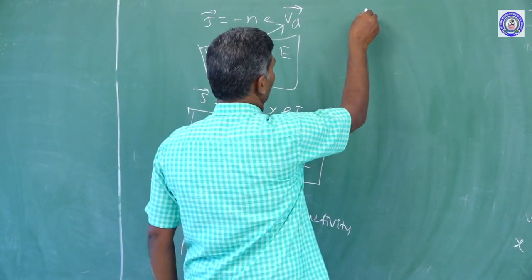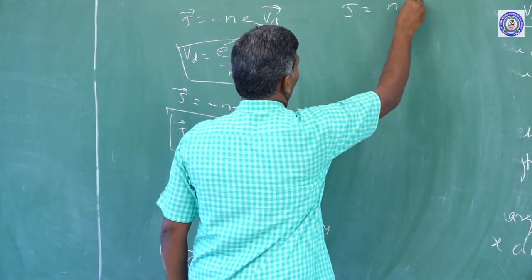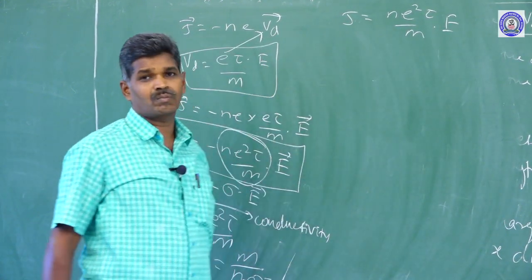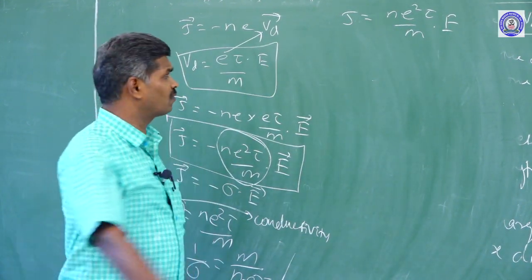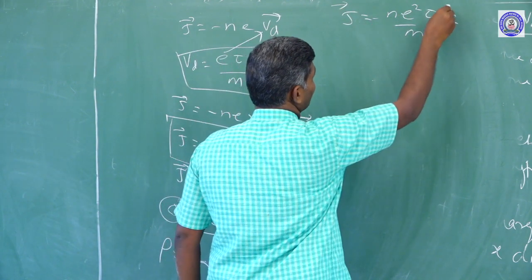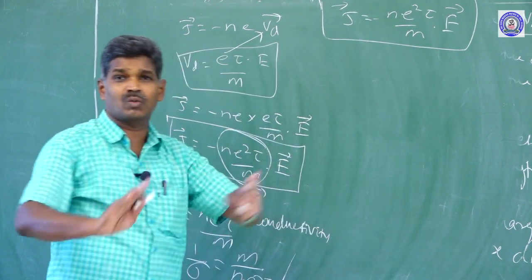In non-vector form, J is equal to n e squared tau by m into E. In vector form, J vector is equal to minus n e squared tau by m into E vector.